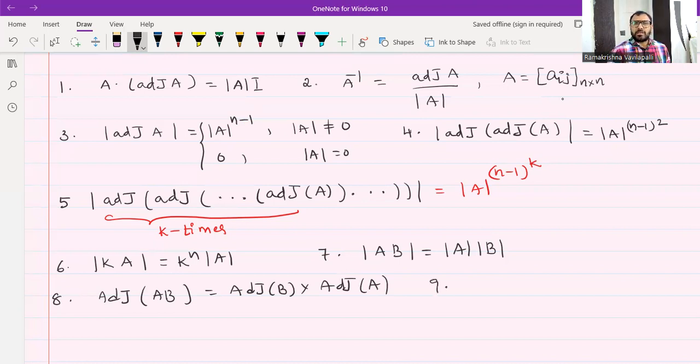Any other concept can be derived from the basic concept that A into adjoint of A equals |A| into I, and here determinant of A inverse equals 1 by det A. Wherever A inverse exists, we assume that det A is not equal to 0.